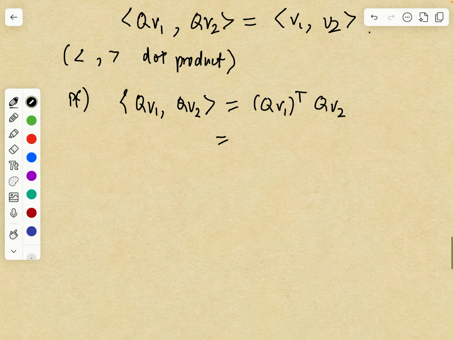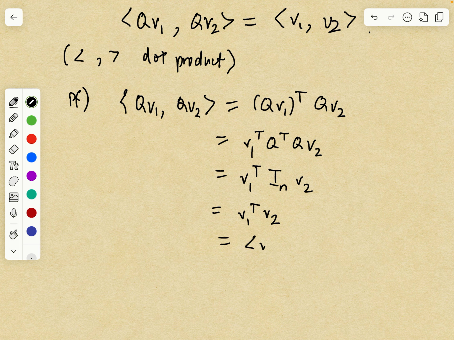And then by my transpose properties, it's V1 transpose times Q transpose times Q times V2. And now what can we do to simplify this? Since Q is orthogonal, Q transpose Q is the identity matrix. So this is V1 transpose times the n by n identity matrix times V2. And that's equal to V1 transpose times V2, and that's the dot product of V1 and V2.